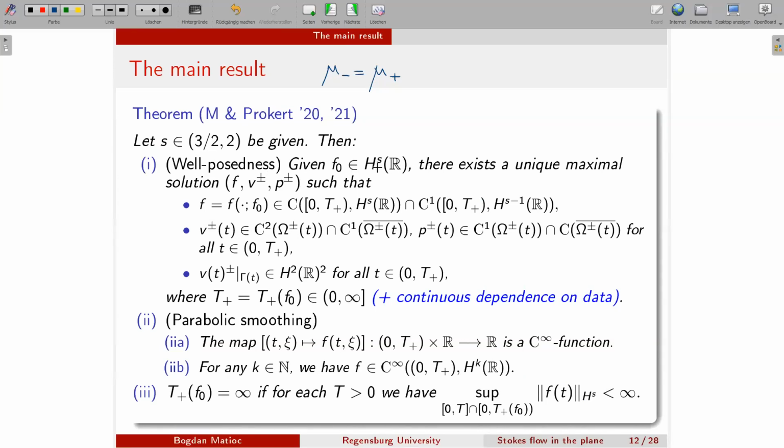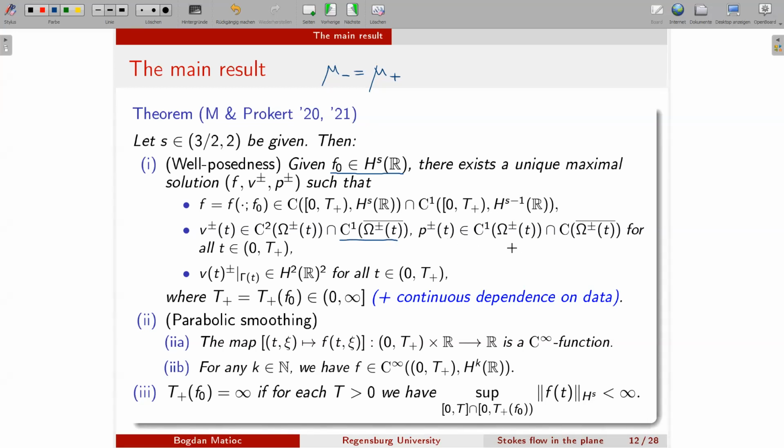is well posed in H^s, meaning that if f0 is in H^s, arbitrary, the problem has a unique maximal solution, (f, v, p), such that f is continuous into H^s, and the problem has order 1, so the time derivative is C1 into H^(s-1). The velocity is C2 in the fluid domain, in fact, it's C infinity, and is C1 up to the boundary.